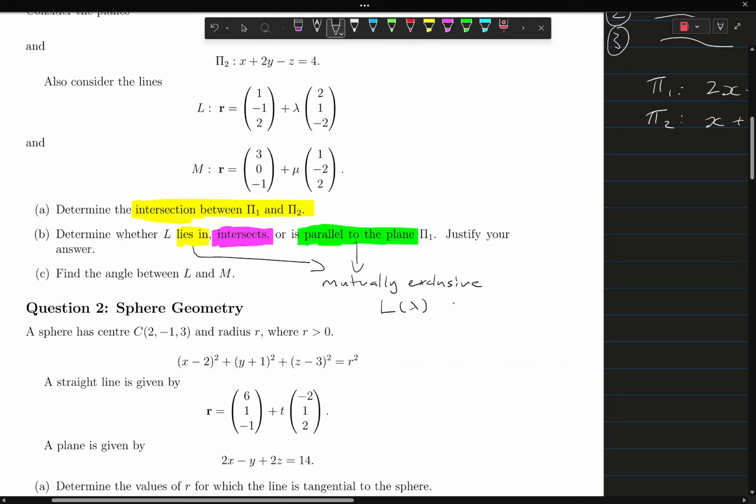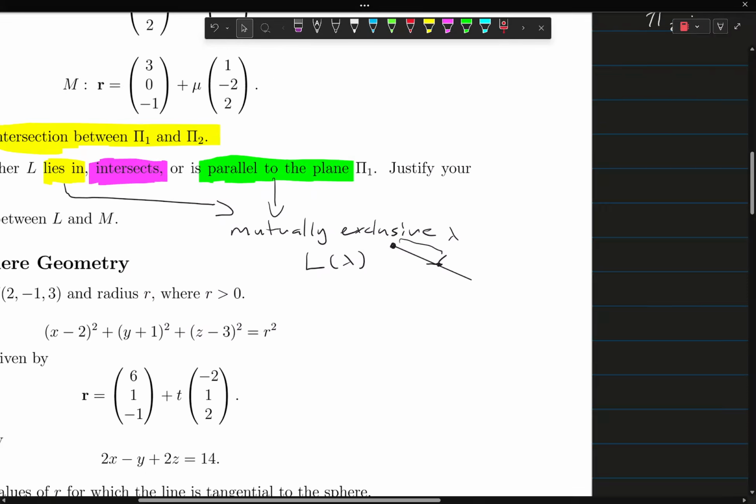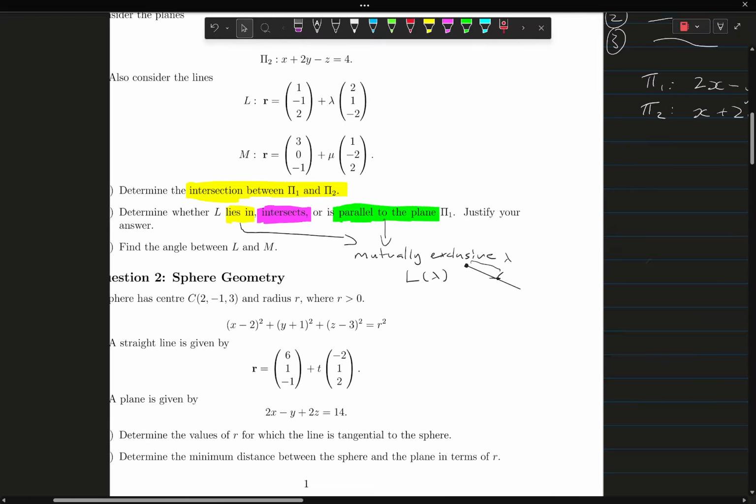Lambda is the parameter for where on the line the point is. So say we're starting from here. If we're up here, there's that much lambda that we have multiplied the direction by.